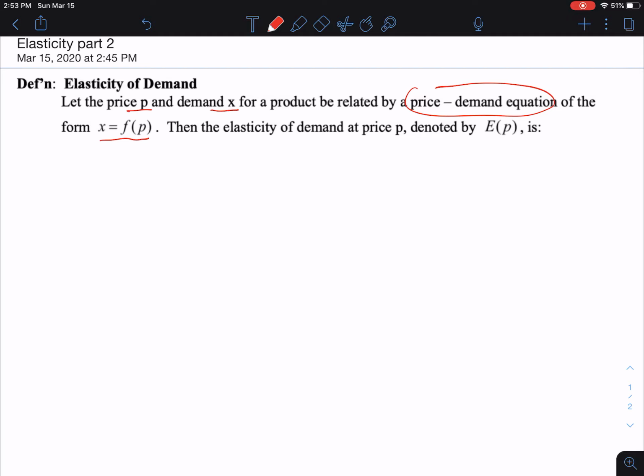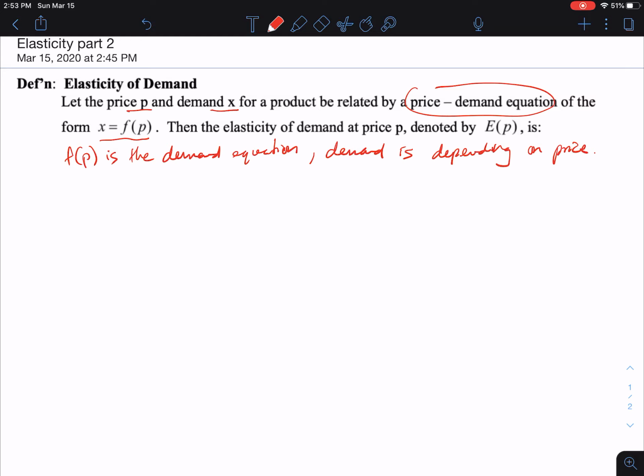So f of p itself is the demand equation, meaning demand is depending on price.